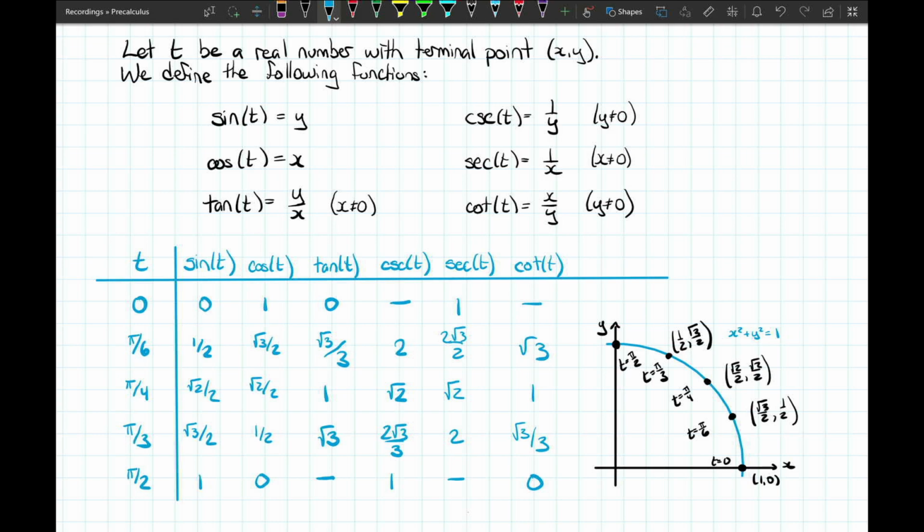Now, tangent, cosecant, secant, and cotangent are all combinations of x's and y's. And since sine of t is the y-coordinate and cosine of t is the x-coordinate, you can actually calculate the values of tangent, cosecant, secant, and cotangent using the values of sine t and cosine t.